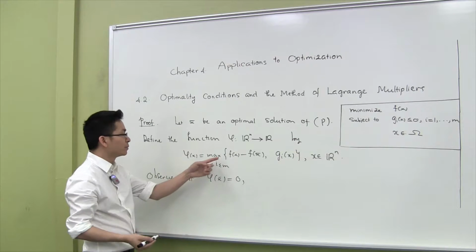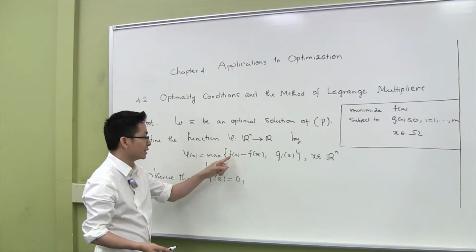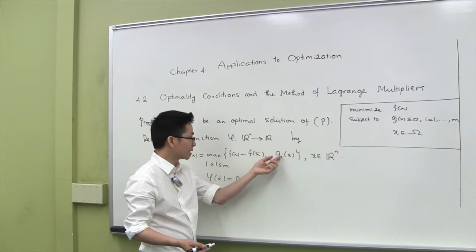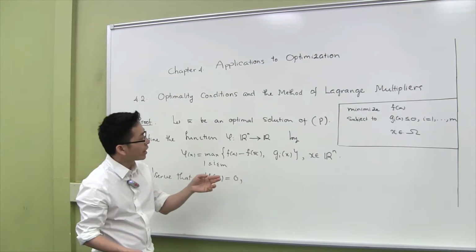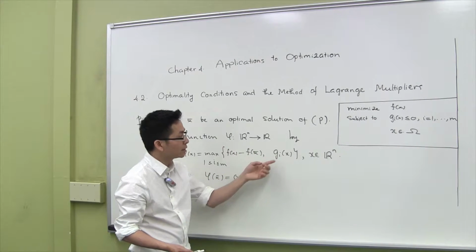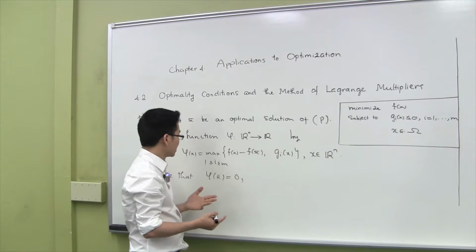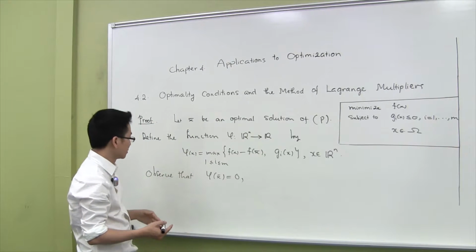And how come this is true? Because when you plug x bar in here, f of x bar minus f of x bar, so it is 0. And at the same time, because x bar satisfies the constraint, so gi of x bar is always less than or equal to 0. Therefore, the max is equal to 0.